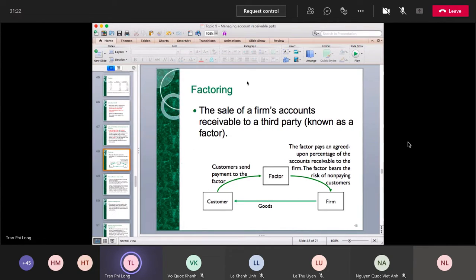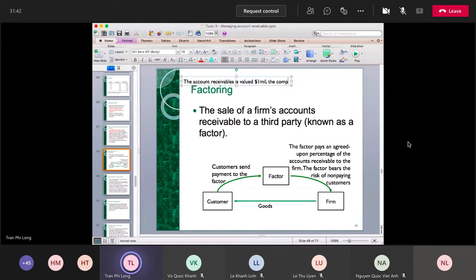So how can the factor make a profit here? Let's say that the account receivable is valued at 1 million USD.